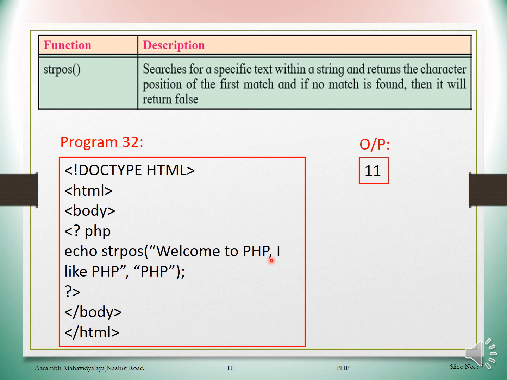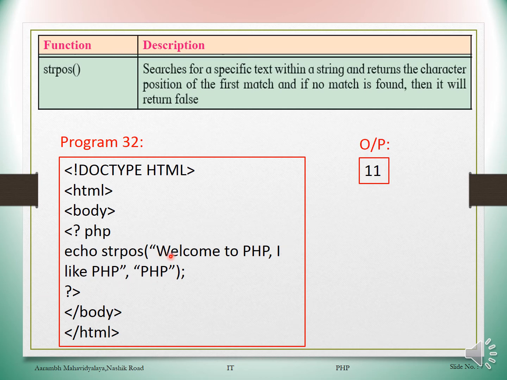The double quote starts from this position and ends at this position. This is the first part of our function. Then what we have to find out? We have to find this word PHP, therefore it is again included in double quotes. Now when this function runs, it will search this string for the word PHP.